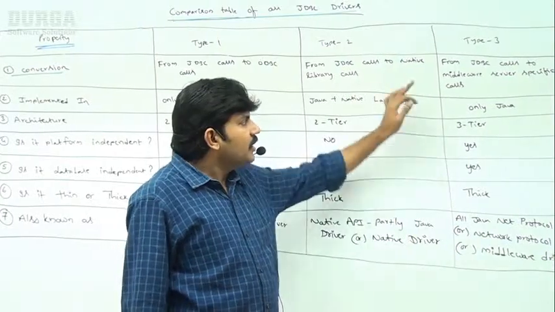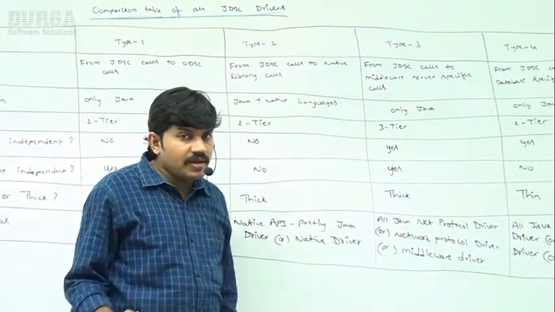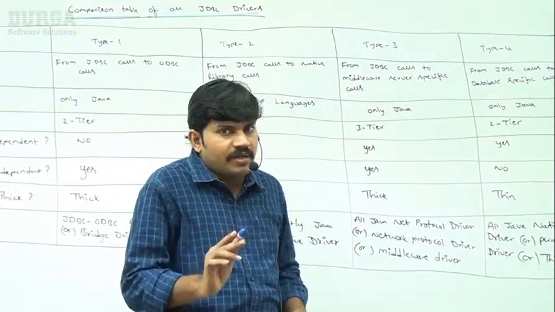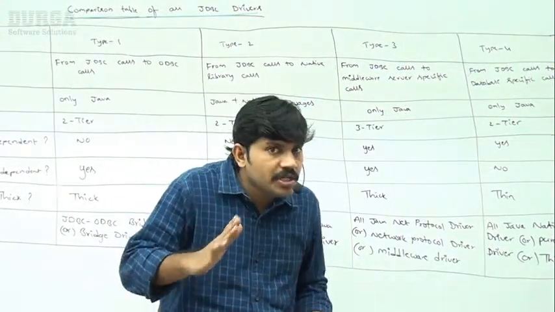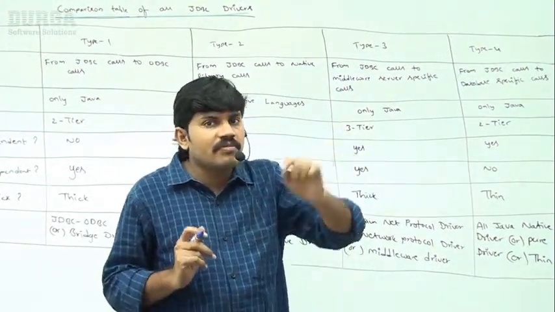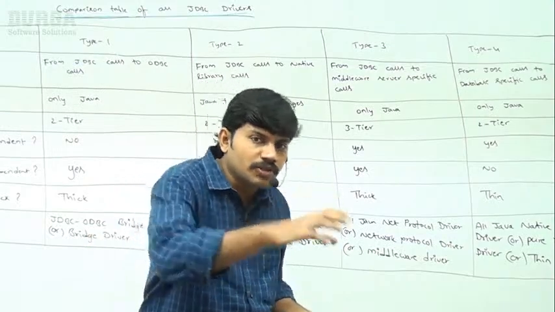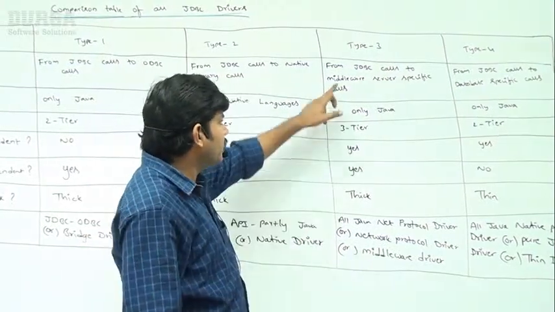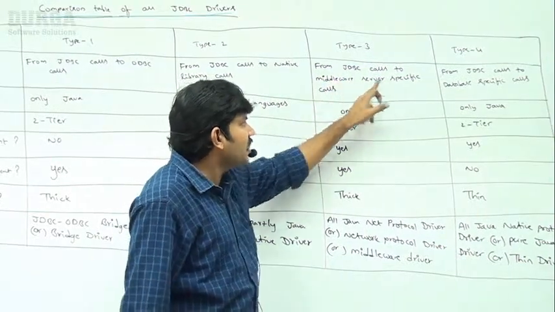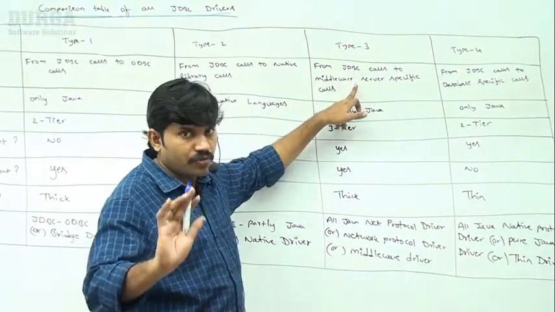Next, type 3 driver means a middleware server is there in the middle. Type 3 driver converts JDBC calls to middleware server specific calls, and the middleware server converts them into database specific calls.